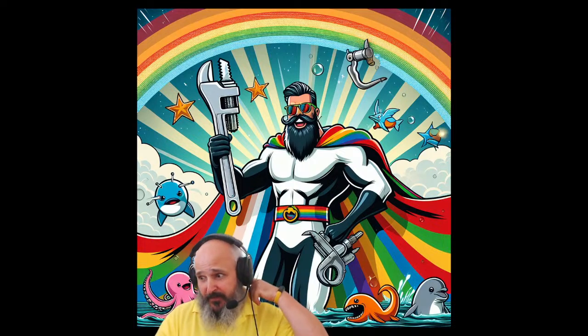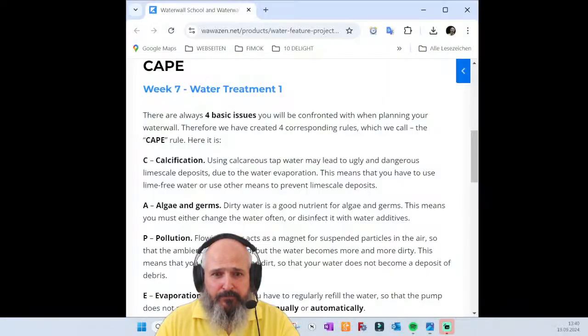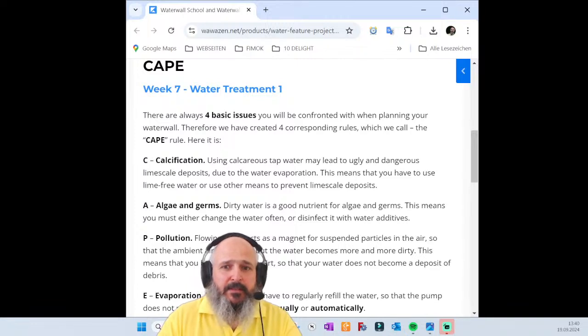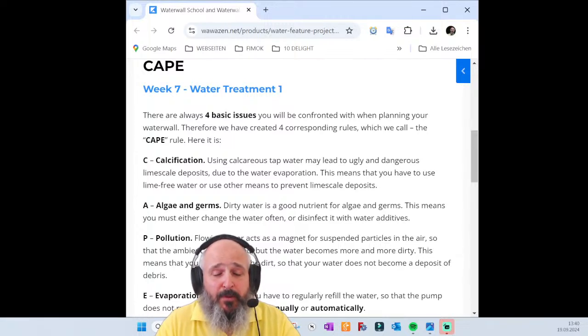So number 1 is calcification. It's important that you use calcium-free, lime-free water so that you don't get lime scale on your indoor waterfall. And in order to explain this, I have combined these 4 rules about water treatment into the CAPE rule.